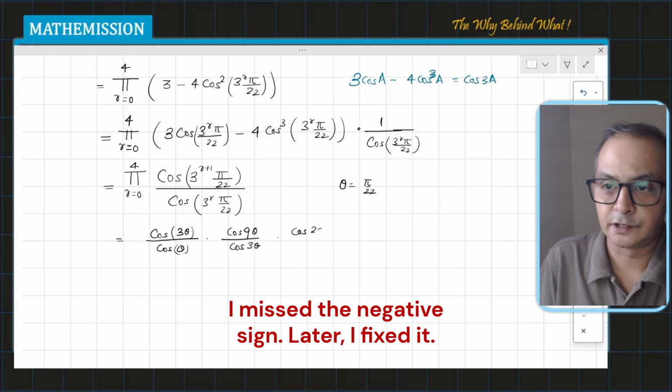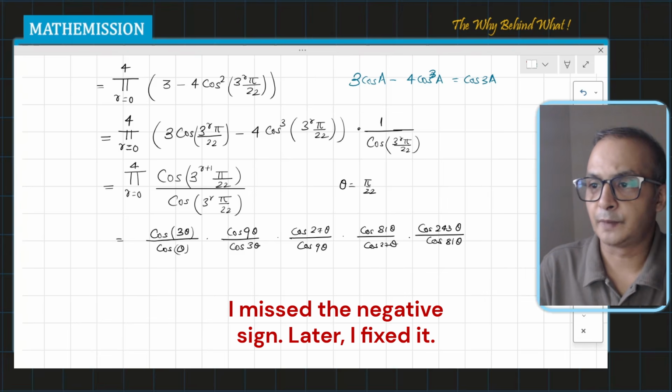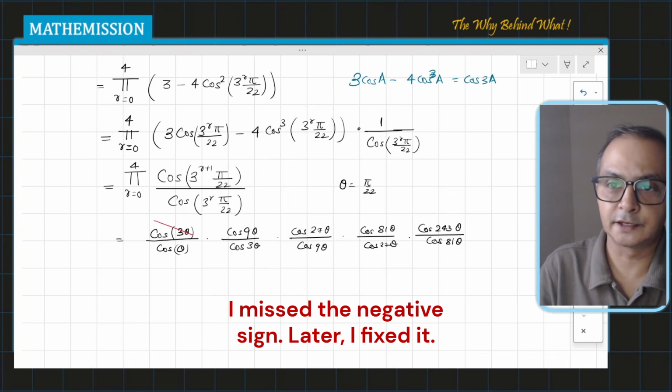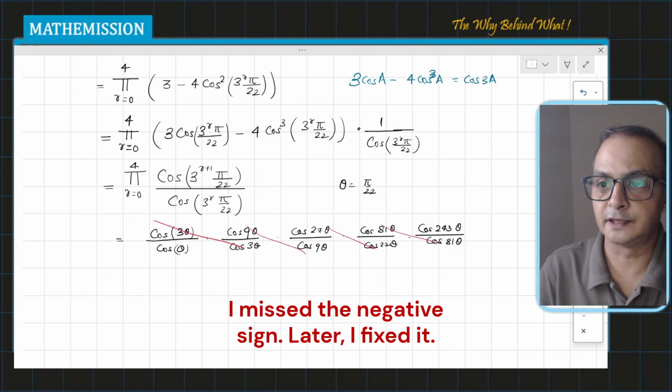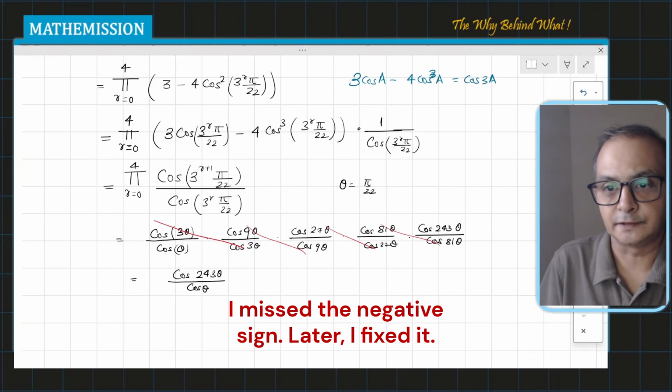Similarly, cosine 27 theta by cosine 9 theta, then cosine 81 theta by cosine 27 theta, and finally cosine 243 theta divided by cosine 81 theta. It's a kind of telescopic multiplication, so we can just cancel these terms, and we are left with cosine 243 theta divided by cosine theta.